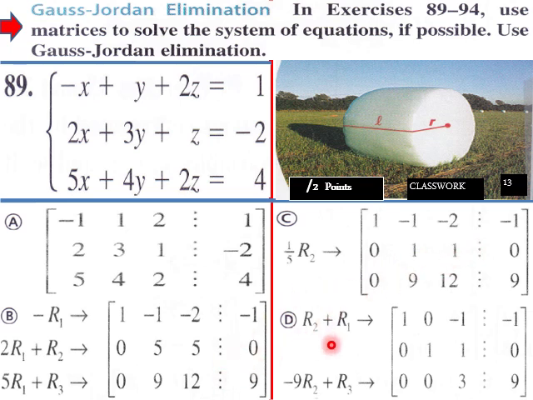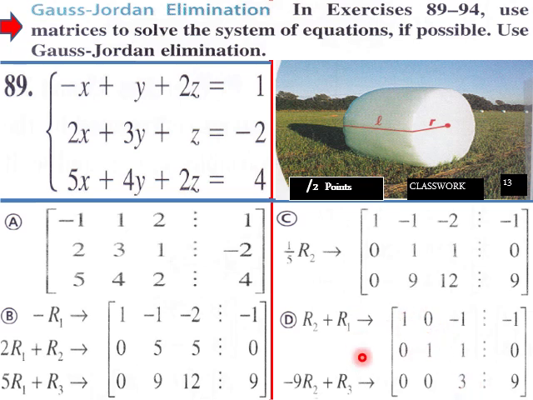And then we combine row 2 plus row 1. This will go away. And then this becomes -1.